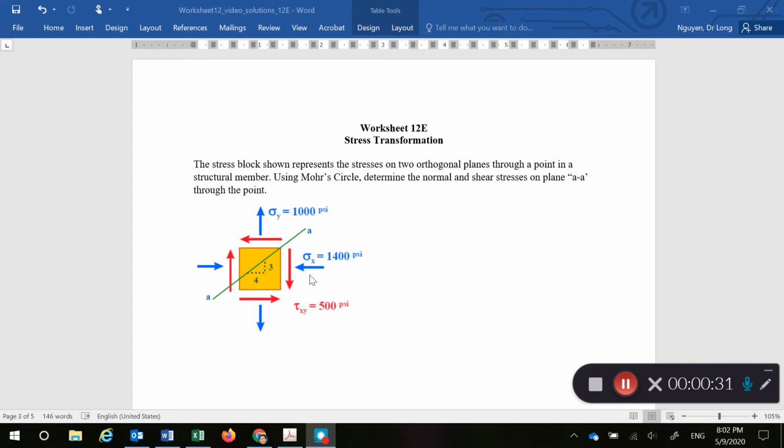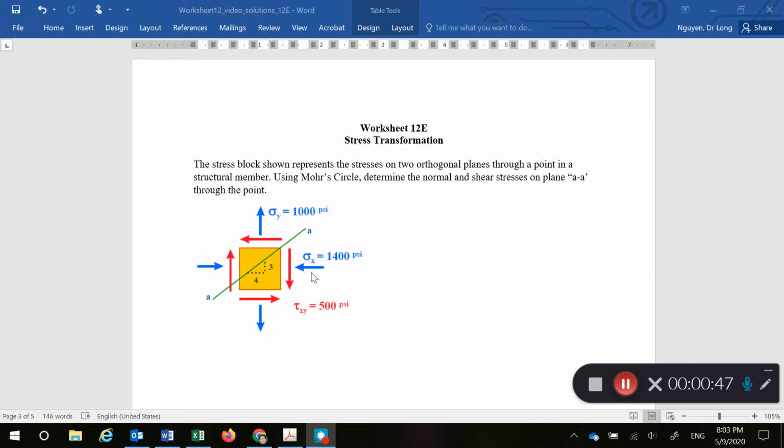If you're not sure how to determine the angle theta with the plane AA, you can go back to worksheet 12C, where I show two methods.